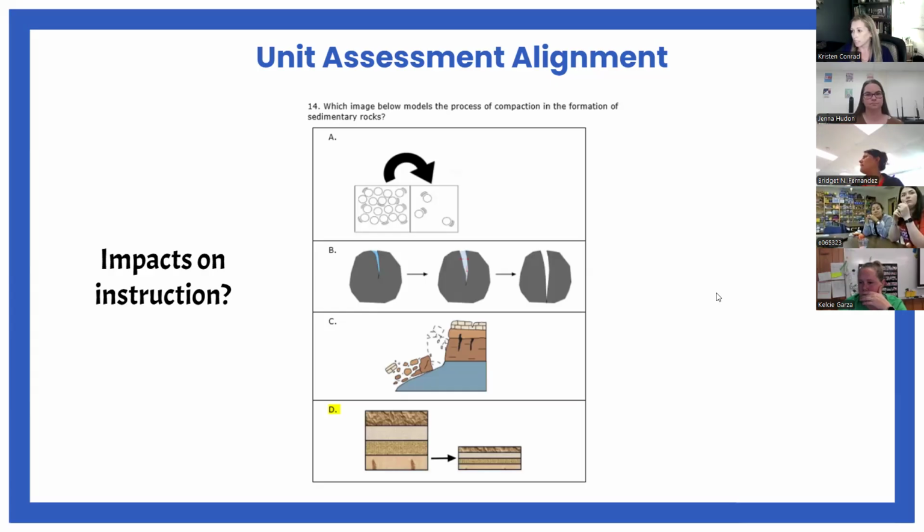One thing that's going to be key is visual representations or models, and diagrams are models of the processes. Even right now, I can see that if you do the lab where Jenna just started the model teach with you with the Jolly Ranchers, you're looking at the first part of D. And not to give it away, but I know some of you already mentioned you've done it. You're going to see something more like the right hand side when you're done. So if you do that lab and talk about compaction, there you go. You're going to set them up for success for this question.